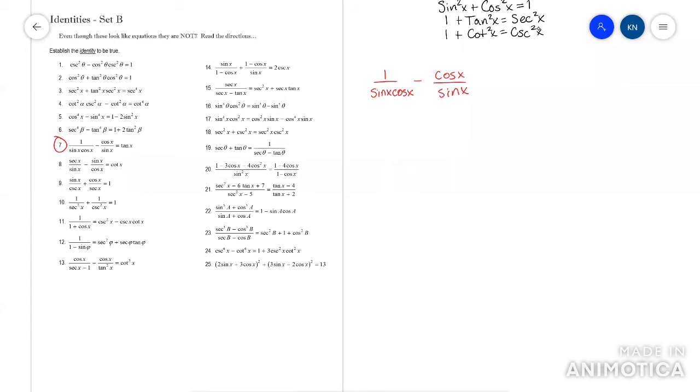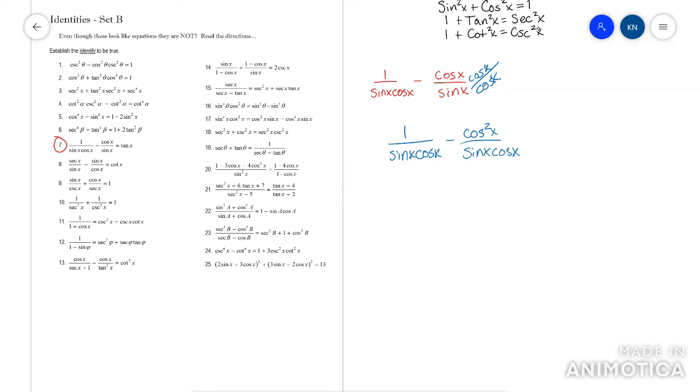So in order to get a common denominator, this fraction right here needs a cosine. So I'd hit this guy on the right with the cosine over cosine. And I'd rewrite the problem: 1 over that sine cosine minus cosine squared over that sine cosine.